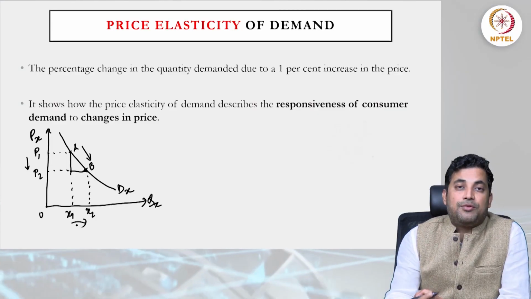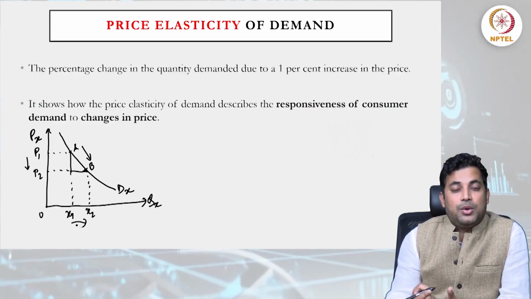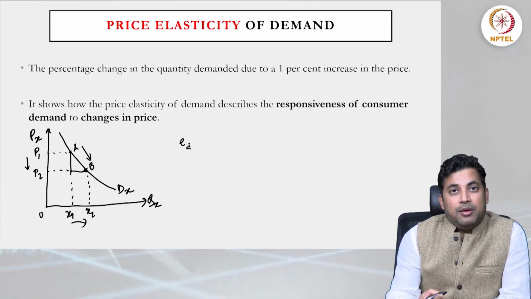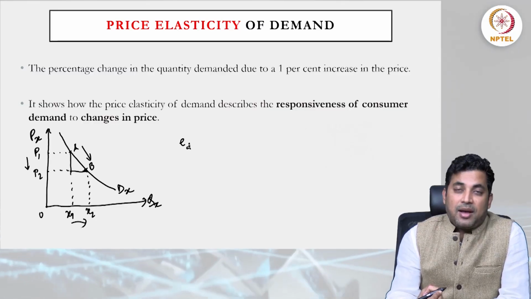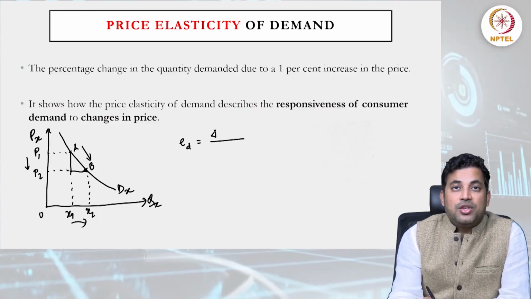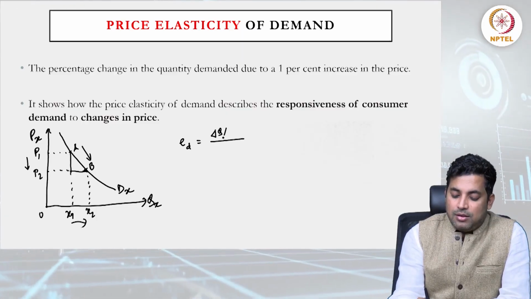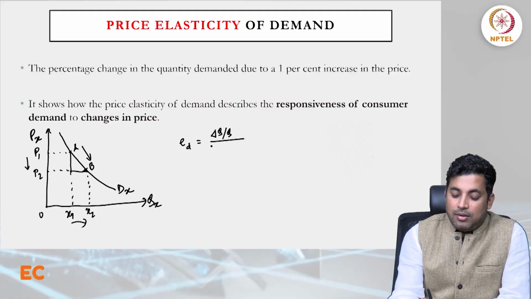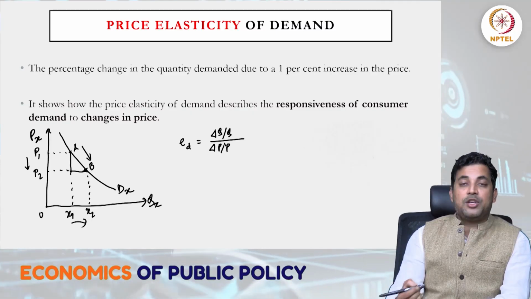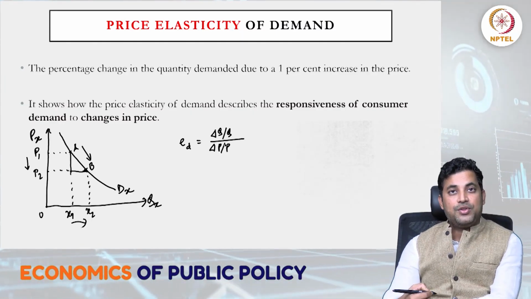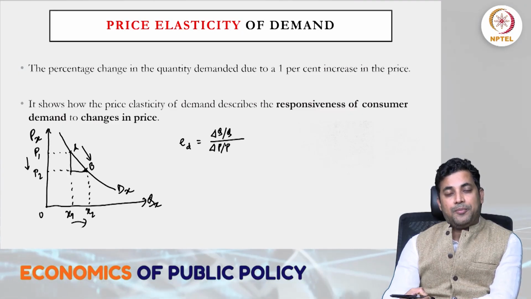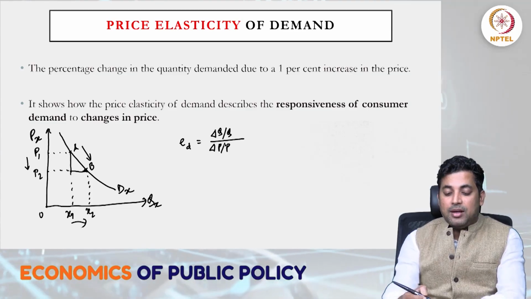Now, in terms of the formula, how should we write it? If ED is denoted as price elasticity of demand, then it is the percentage change in quantity, a ratio between the rate of change of quantity demanded and the rate of change in the price. By definition, it shows how much the quantity demanded changes due to a rate of change in the price.